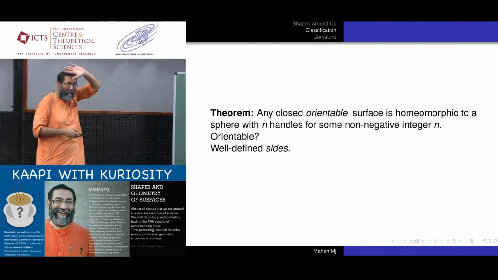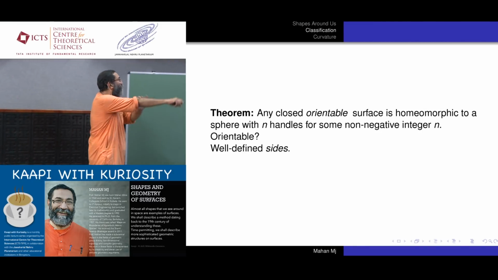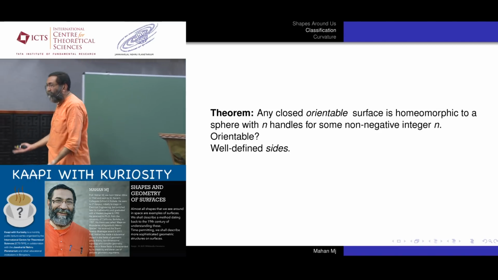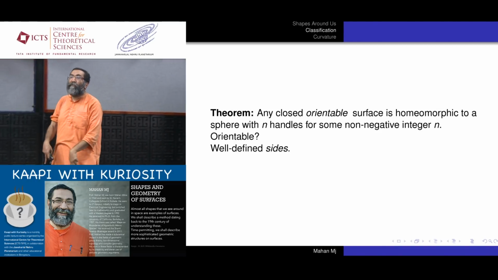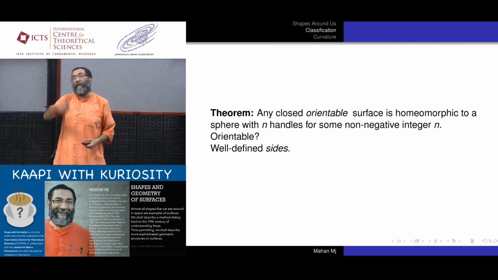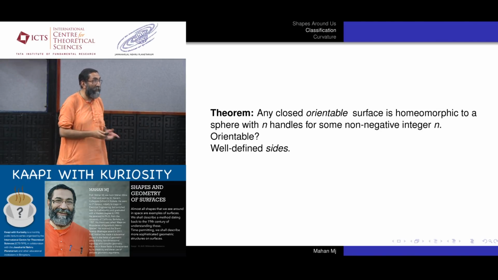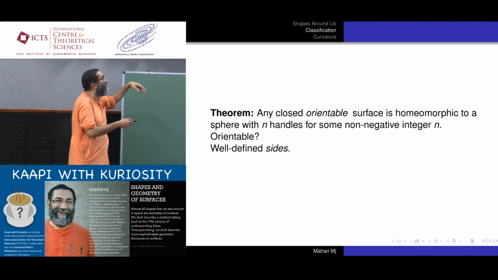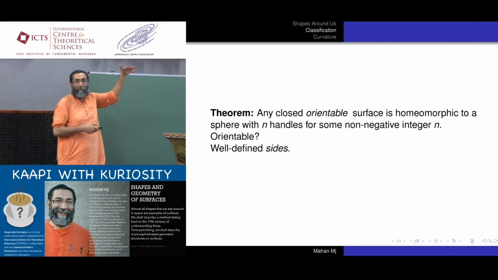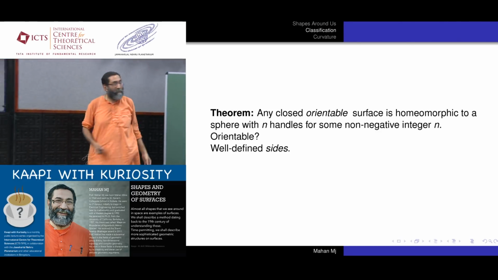Well, it's a fact which we shall not prove, that if you have a closed surface and it is in 3 dimensions, you can actually prove this statement. There is going to be an inside, there is going to be an outside. In other words, it is going to be orientable, which is why you don't really think that there is any need for introducing this word orientable when you're looking at surfaces in 3 dimensions.